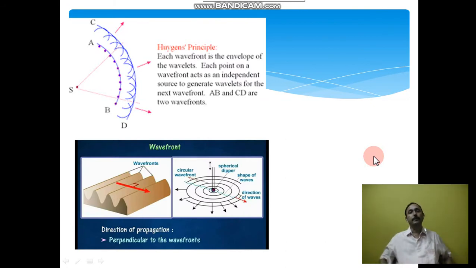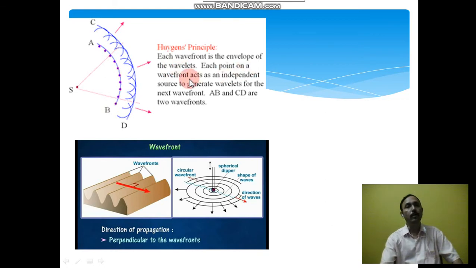Now Huygens principle: each wavefront is the envelope of the wavelets. These are the wavelets. So this is the envelope. Here these are the points. Here if we draw the semicircle enveloping this source of disturbances, this is the envelope.